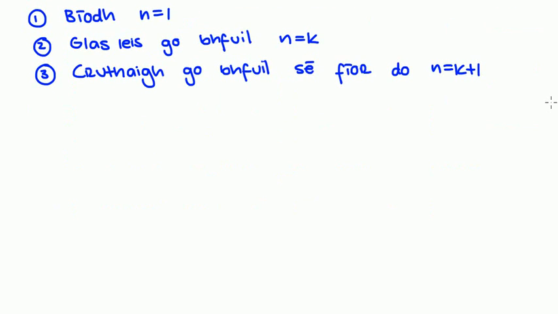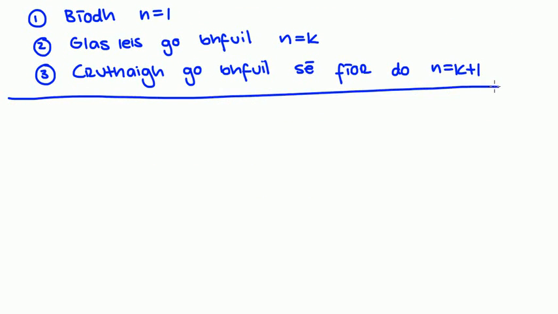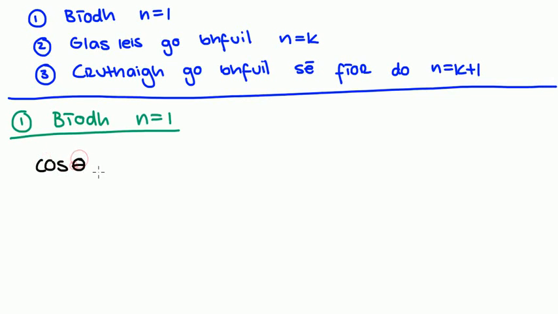So back to step 1, we let n be equal to 1. So we take (cosine theta plus i sine theta) all of that to the power of 1. We know this is equal to cosine theta plus i sine theta.